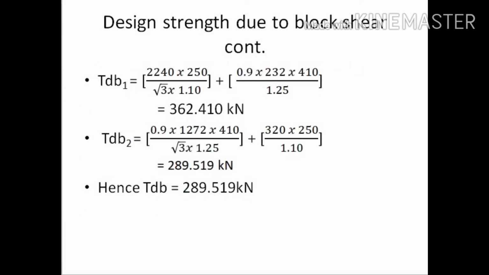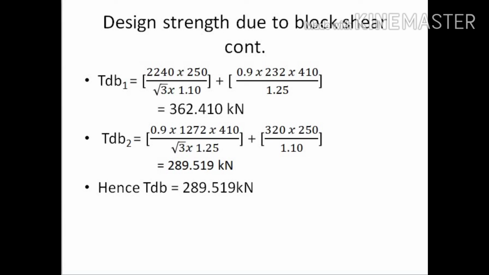So by direct substitution in Tdb1 and Tdb2, we will get Tdb1 equal to 362.410 kilonewton and Tdb2 equal to 289.519 kilonewton.